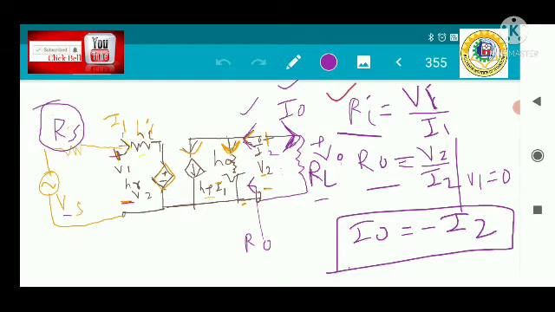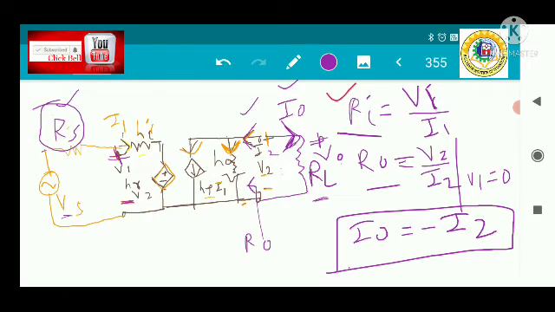In this H parameter model you can see this is the source resistance and this is the source voltage. Up to now we have derived the voltage gain, where the input voltage is V1 and the output voltage is V0. We have calculated V0 divided by V1, and that voltage gain is written as AV.